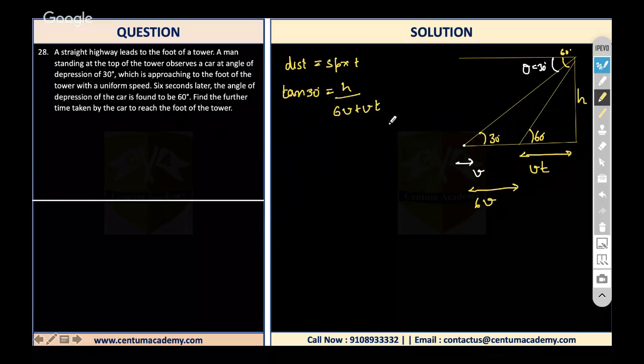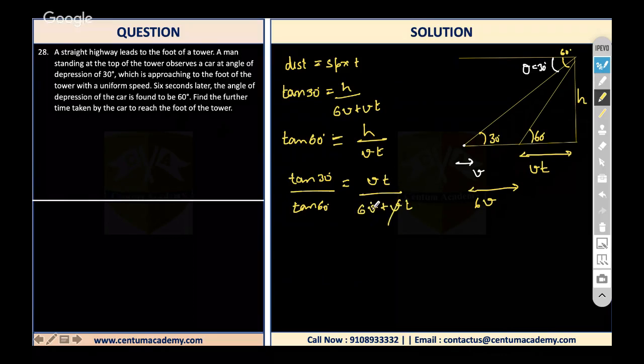And then tan 60 is h upon vt. So divide tan 30 by tan 60. So tan 30 by tan 60 is equal to, h will get cancelled, vt upon 6v plus vt. So v also will get cancelled.